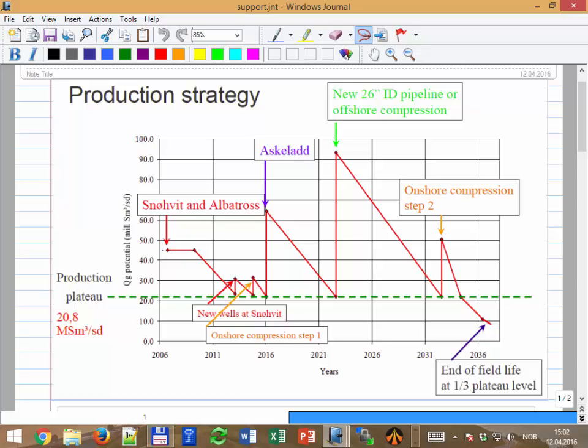So this is how much the field can produce, and this is what we are actually producing. When the potential gets equal to the rate, then we are going to have the end of the plateau. But here we have another field or another formation coming into production, and then we have some more years, but at the end we don't have anything else. So what we have to do is installation of offshore compression. Okay, so let's copy that.